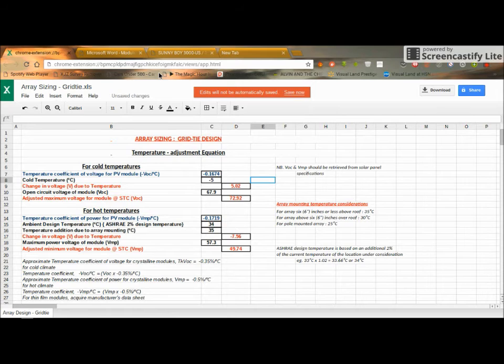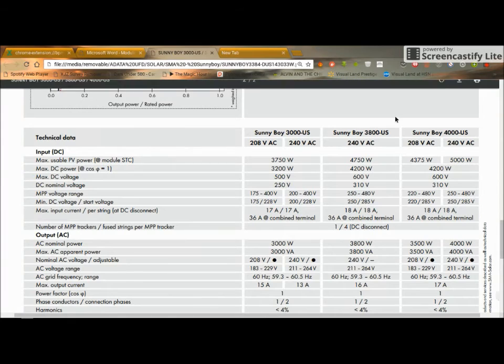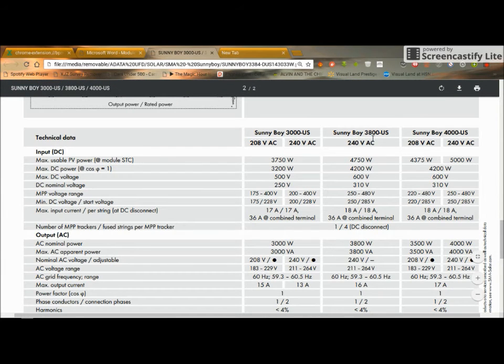Now, in order to regulate that amount of energy coming in so as not to damage the inverter, we will have to ensure that the energy that comes from the module is not over the specification of the manufacturers of the inverter. Now, as we had mentioned earlier, we'll be using the Sunny Boy 3800 inverter.